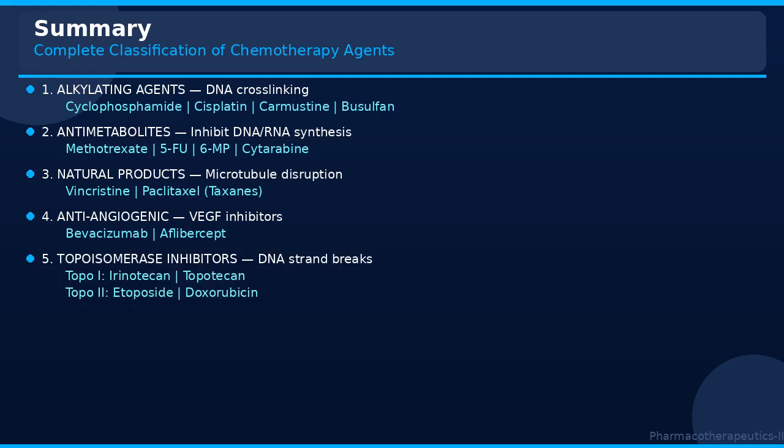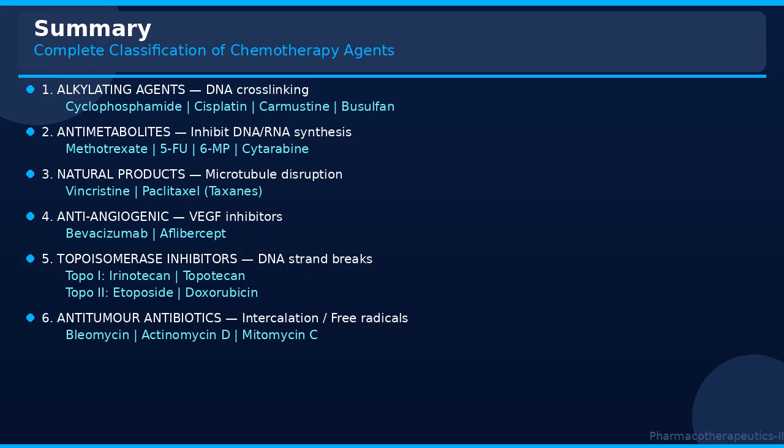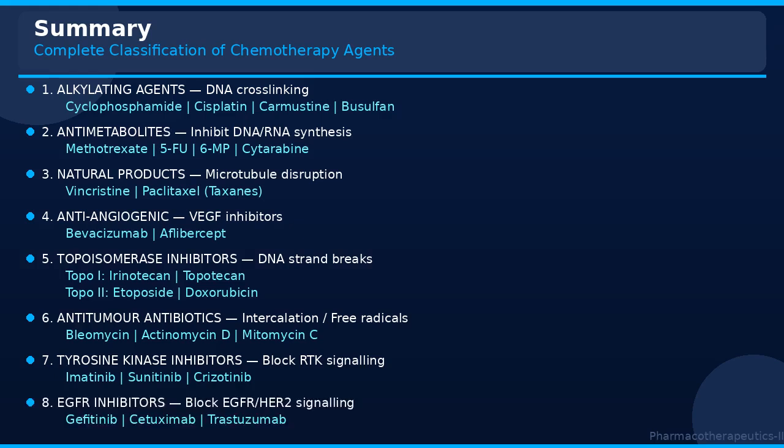5. Topoisomerase inhibitors. Topoisomerase I inhibitors like irinotecan and topotecan that trap the topo-1 cleavable complex, causing single-strand breaks. And topoisomerase II inhibitors like etoposide and doxorubicin that cause double-strand breaks. 6. Antitumor antibiotics including bleomycin, actinomycin D, and mitomycin C, which work through DNA intercalation, free radical generation, and cross-linking. 7.